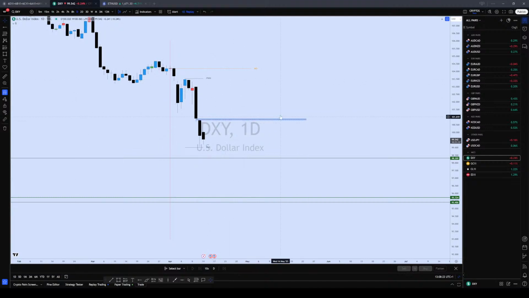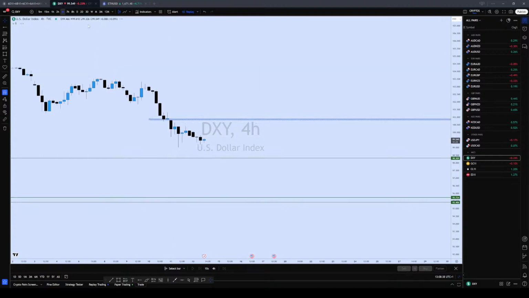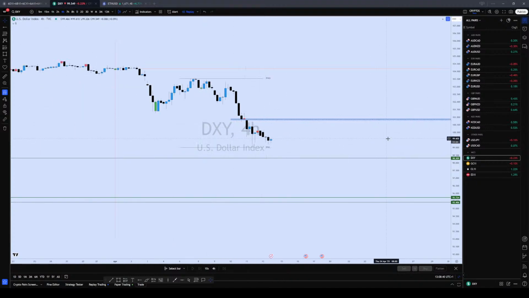We'll be paying attention to the volume imbalance, and then we'll be expecting it to continue going down. So if we see price going up, that is where the high of the week might form, and then we continue going down.